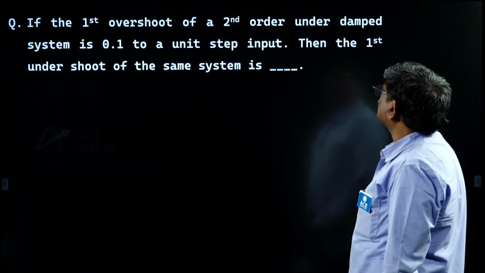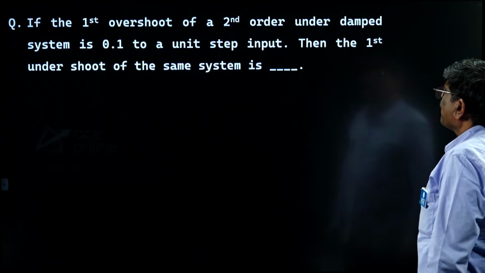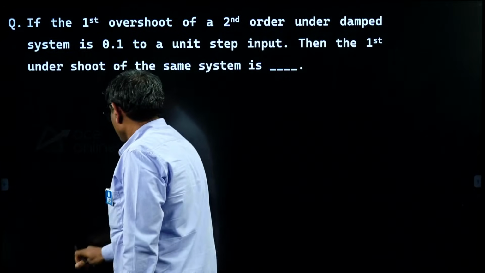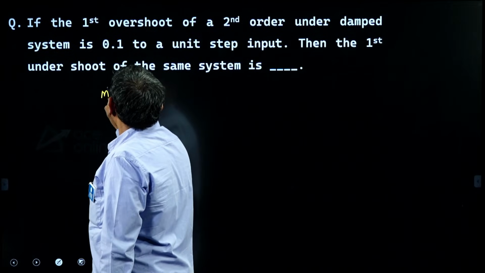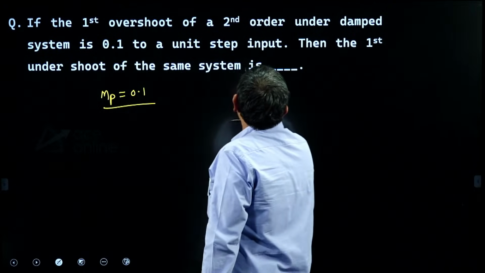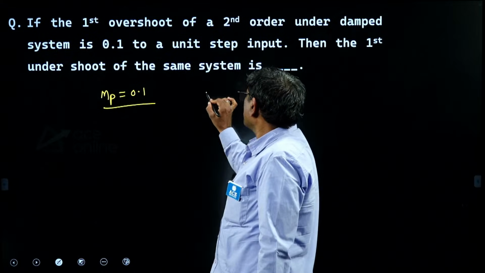The first overshoot of a second order underdamped system is given. That means given Mp equal to 0.1, for a unit step. Then they are asking for the first undershoot. What is the formula for undershoot?